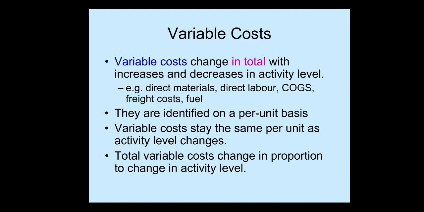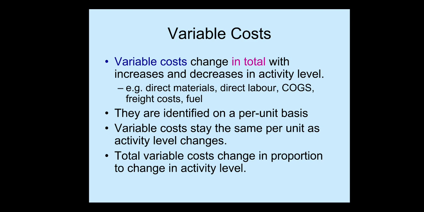So let's say direct material cost is $3. Direct labor cost for one of your frozen food is $1. So for one product, you pay $3 of material and $1 of labor cost.